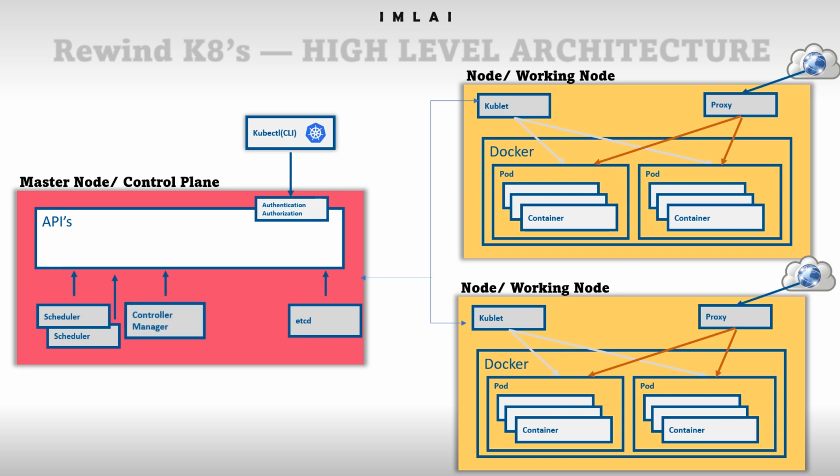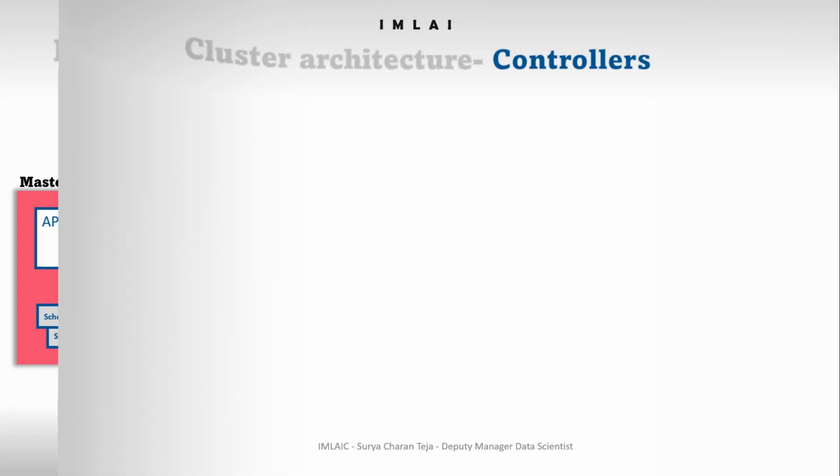A replication controller automatically replaces a pod if it fails, gets deleted, or gets terminated, whatever it may be. There are several controller types, such as the replication controller and deployment controller, all of which we are going to look into now.